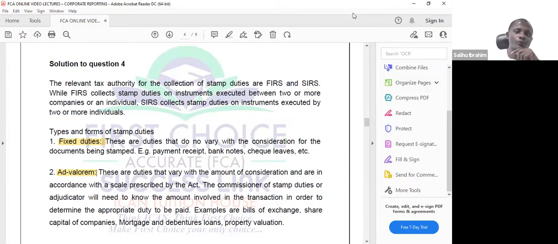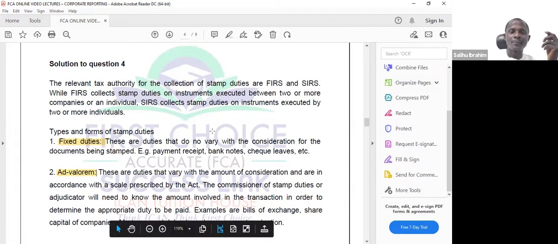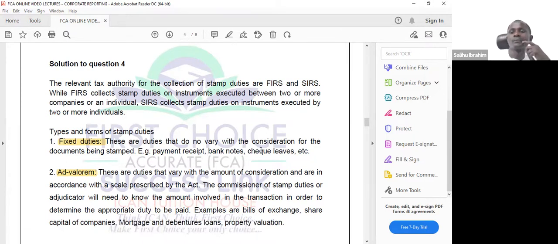That is fixed duty. So examples are payment receipt, bank note, cheque leaves. Stamp duty on a cheque, whether it is a 100-leaf checkbook or a 50-leaf checkbook, you are paying the same amount of stamp duty on it. Then ad valorem. Ad valorem stamp duty is that duty that varies with the face value of the instrument that is being stamped.